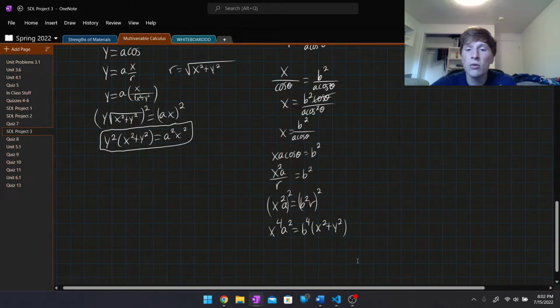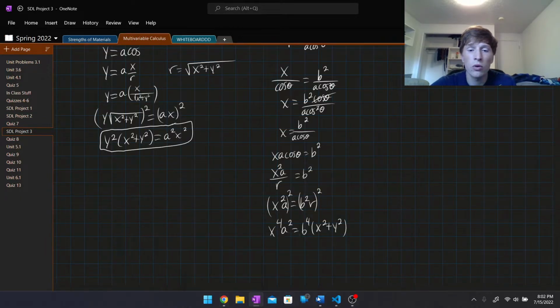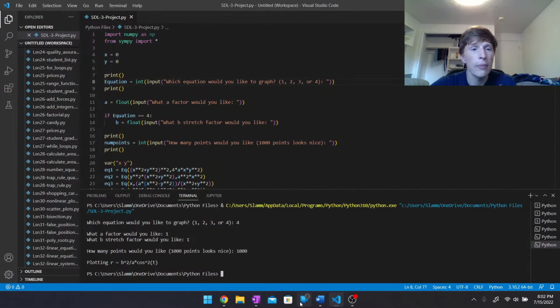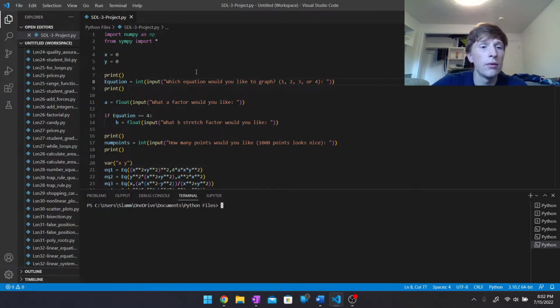So now let's just go over briefly the code. Pretty simple. All it does is the program asks the user which equation they would like to graph, 1, 2, 3, or 4. The user doesn't know which one it is, but, surprise. And then the computer asks for an a factor and a b factor. That should be an a stretch factor.